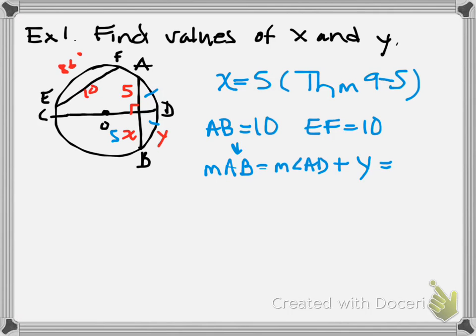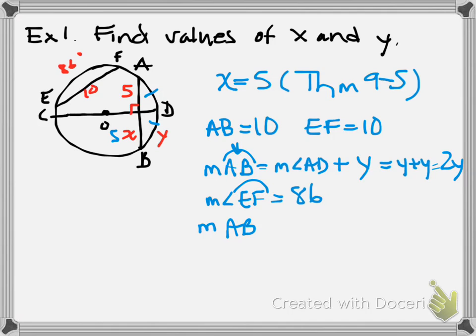So this is actually equal to Y plus Y, or 2Y. And the measure of arc EF is equal to 86, and these two arcs are equal to each other. So we've got 86 is equal to 2y.